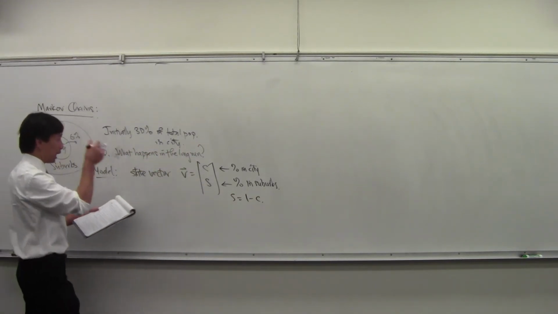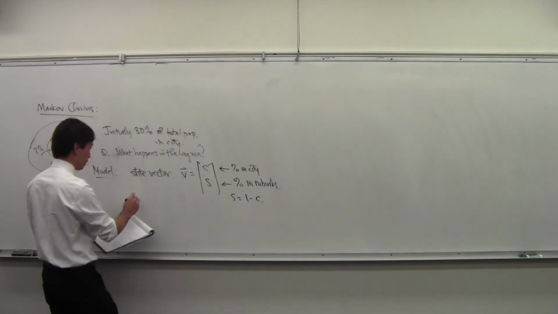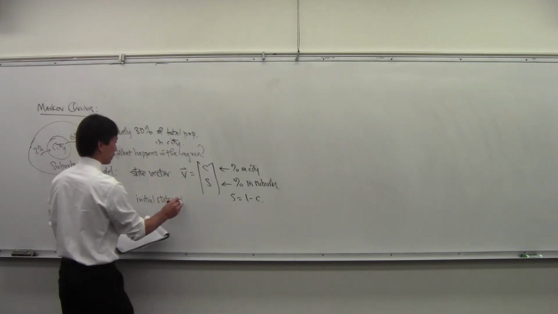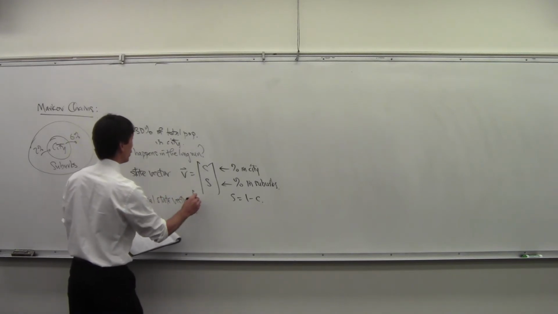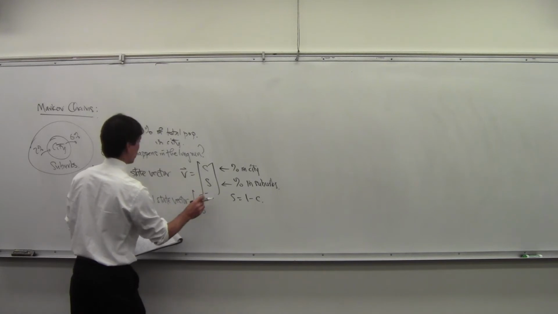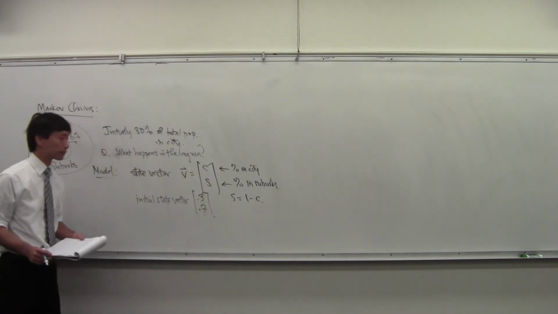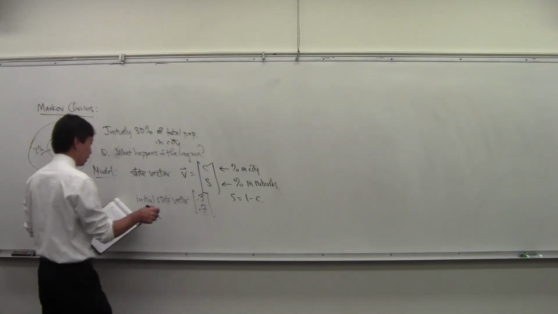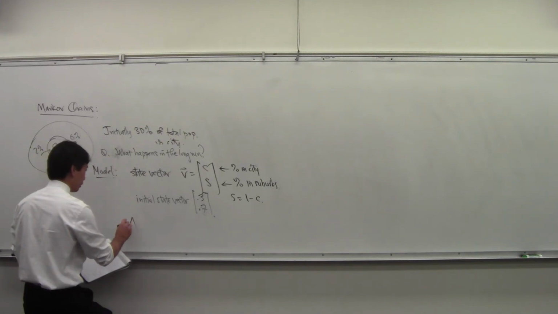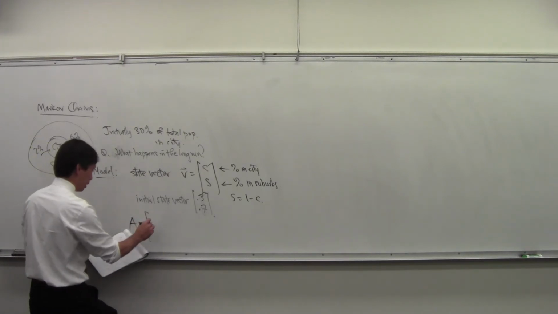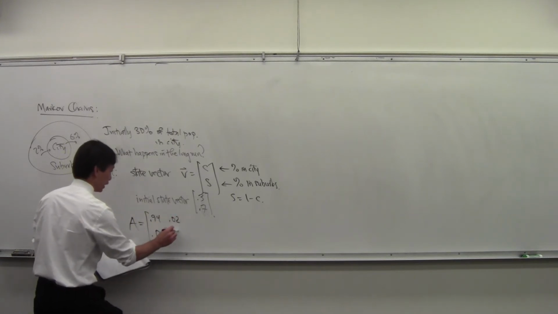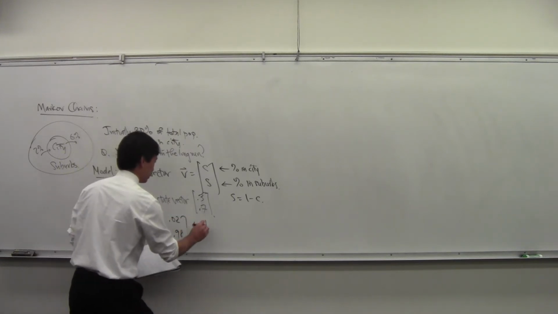Okay. And our initial state vector is of course going to be 0.7, 0.3. No, 0.3, 0.7, excuse me. 0.3, 0.7. Right, because that's what was given to us. 30% are in the city. Okay. And we create a matrix, 0.94, 0.02, 0.06, 0.98, and call this thing the transition matrix.